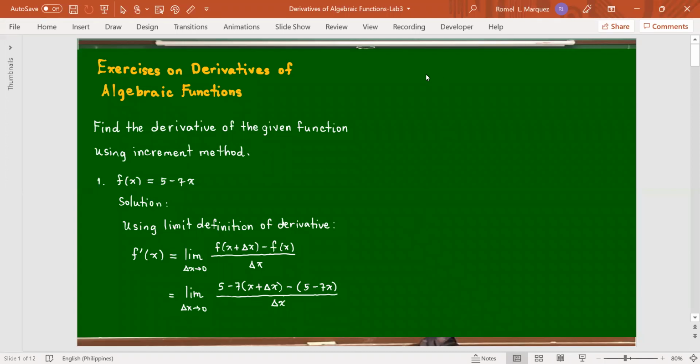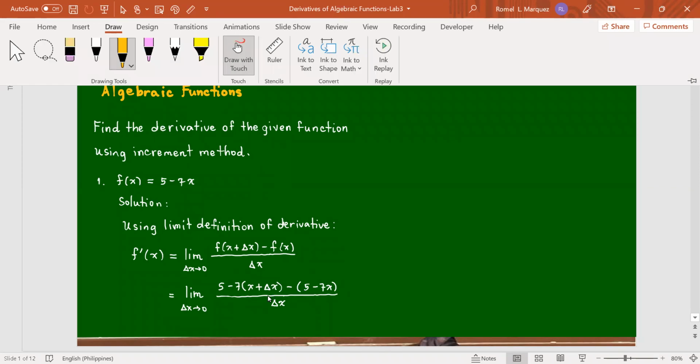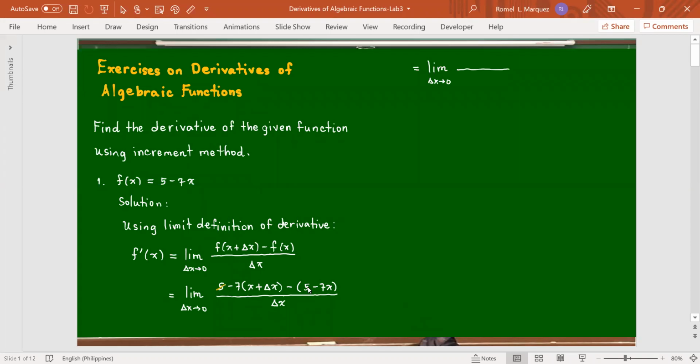So simplifying the numerator, we get the limit as delta x approaches 0 of the numerator, which gives us simply negative 7 delta x, right? Because the 5 and negative 5 are additive inverses of each other, and negative 7x and positive 7x are eliminated with each other.